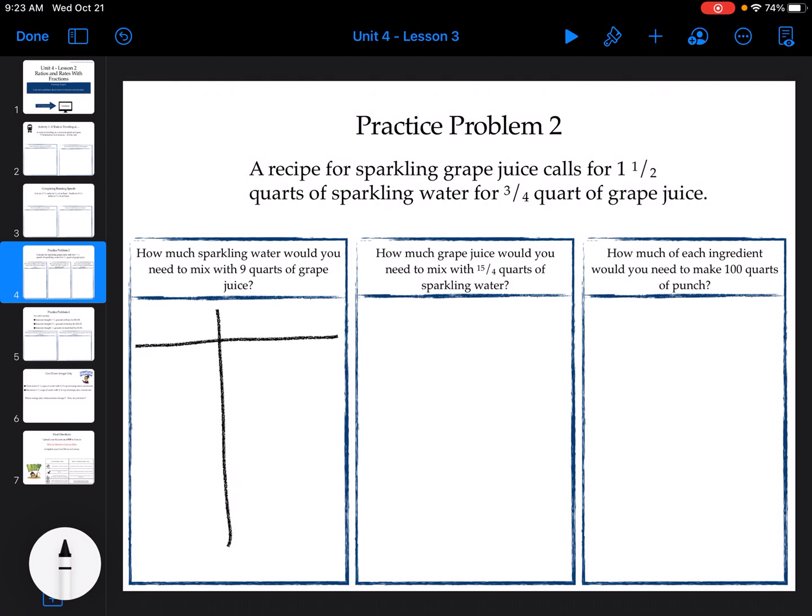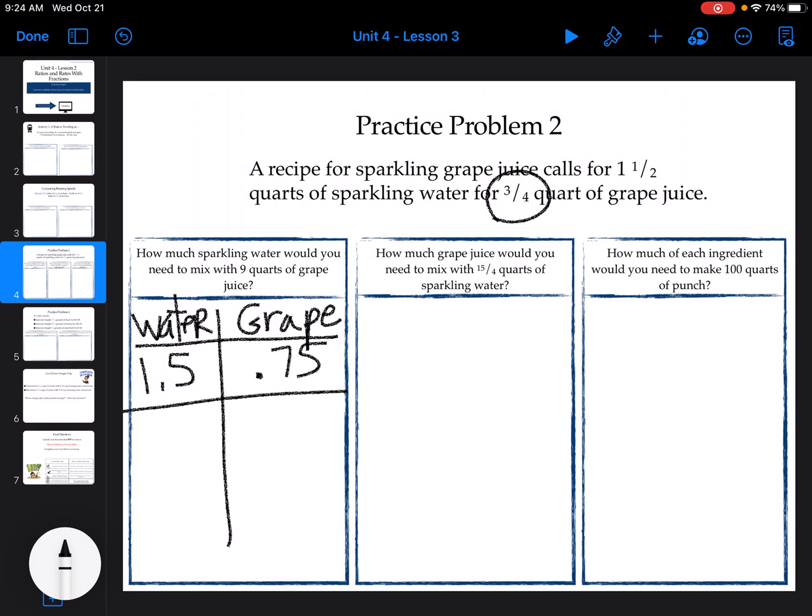I'm doing water and grape juice. I know that there is 1.5 quarts of water for 3/4 of a quart, so that's 0.75.